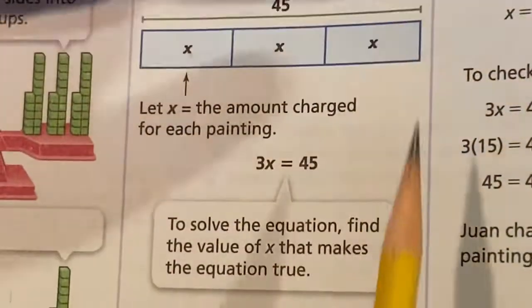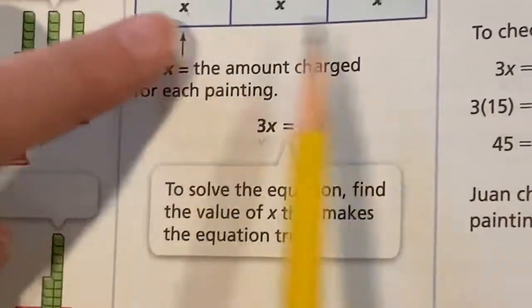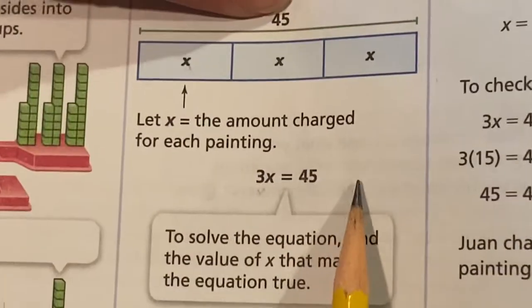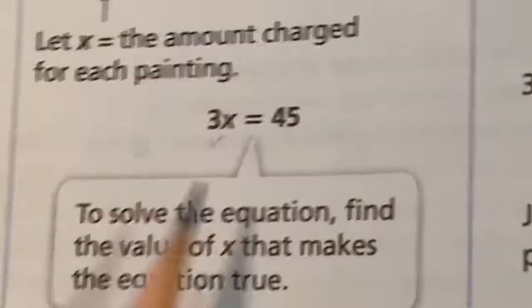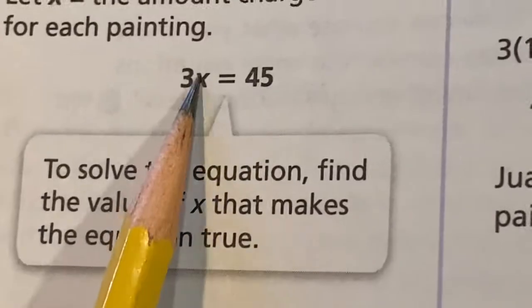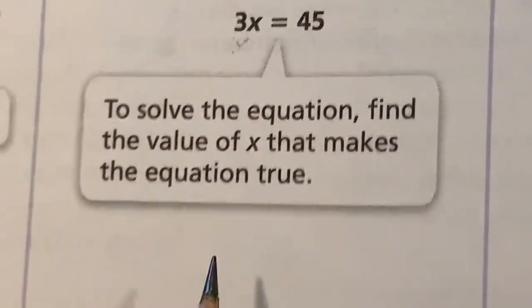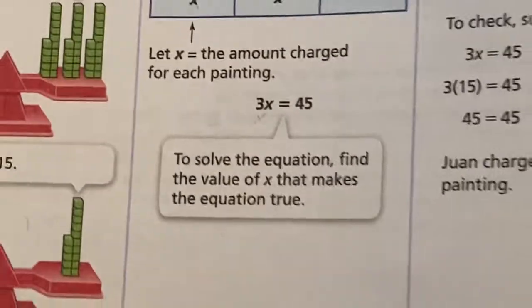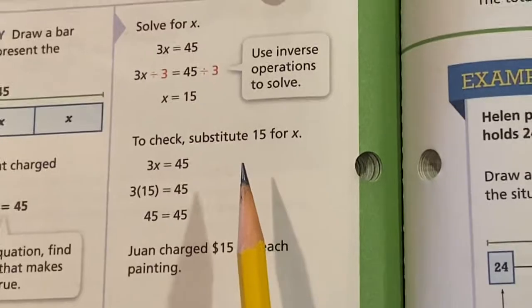We've got 3 of them, so 3 times X equals, all 3 of them together, 45. And then, because it's 3 times X, you would divide by 3 using the inverse or the opposite of multiplication, and then you would get that X equals 15. This is the method that I recommend using at this point.